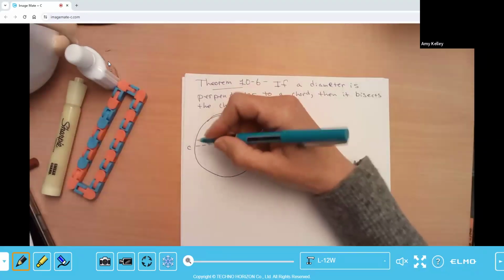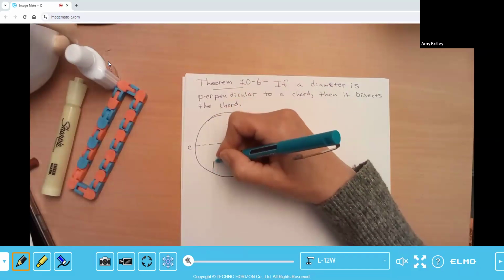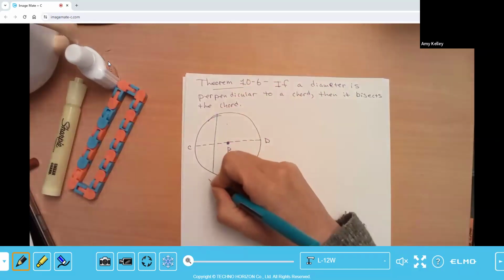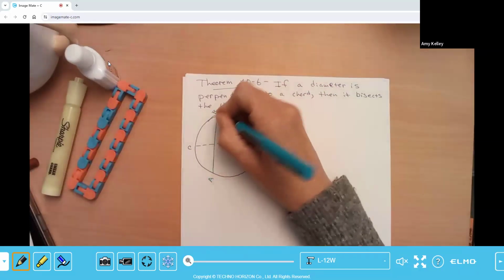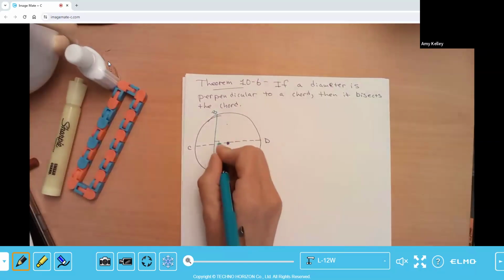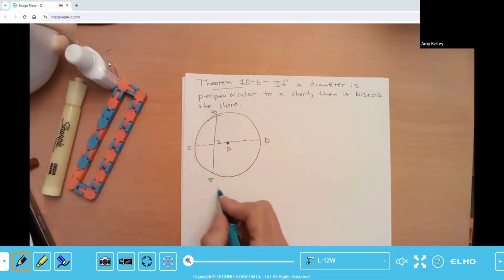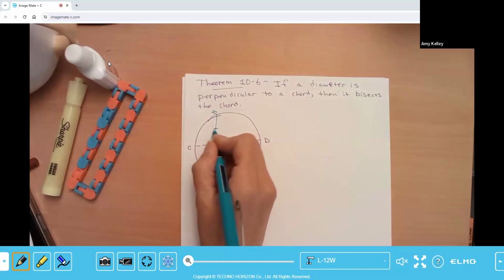And if I have a chord right here, we'll call this one AB. If this forms a perpendicular, then it's also acting as a bisector.